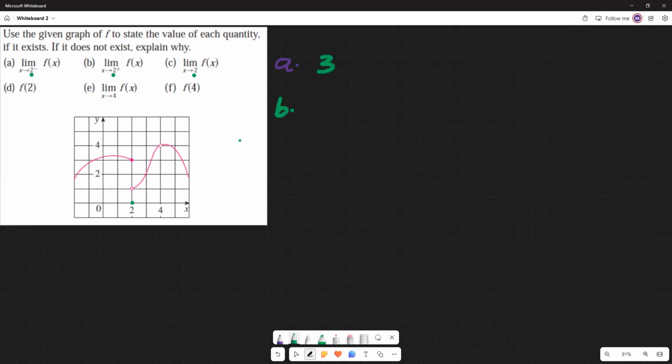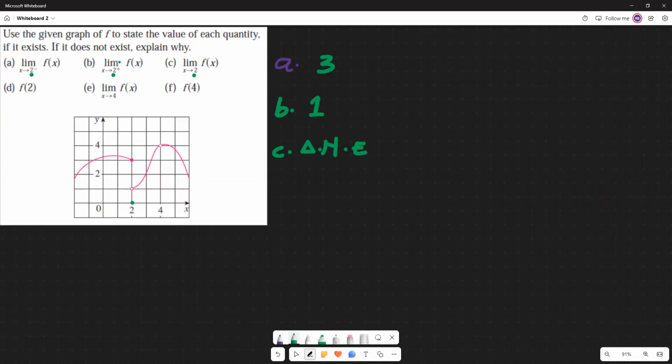Now let's check B. B, what is the y value that is being approached as we're moving from the right? You can see that this point here corresponds with 1. So the answer for the second one is that. And then overall, this limit does not exist. Why? Because the left-hand limit and the right-hand limit do not equal each other.